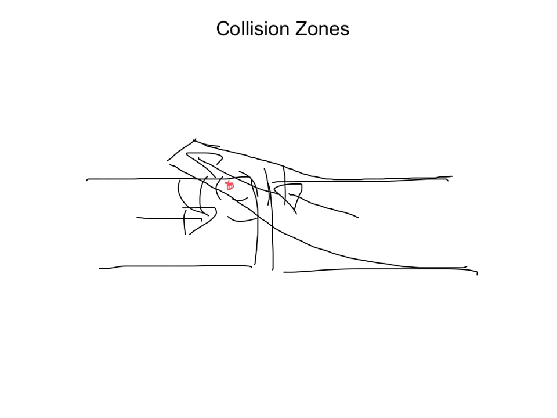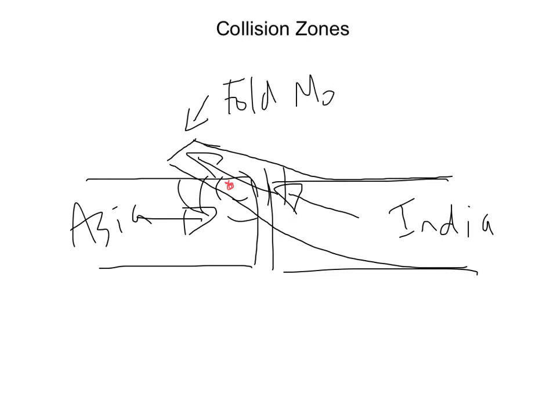An example of this is the 2008 Sichuan earthquake in China, when India here is forcing its way over the top of Asia, generating large earthquakes. As a consequence of this continued movement and episodic lurching of the continent forward, we get large fold mountains forming on the surface, such as the Himalayas.